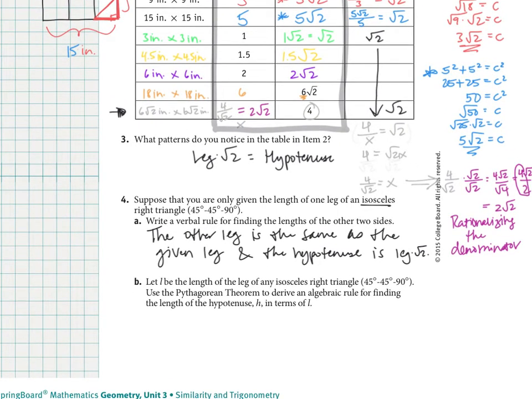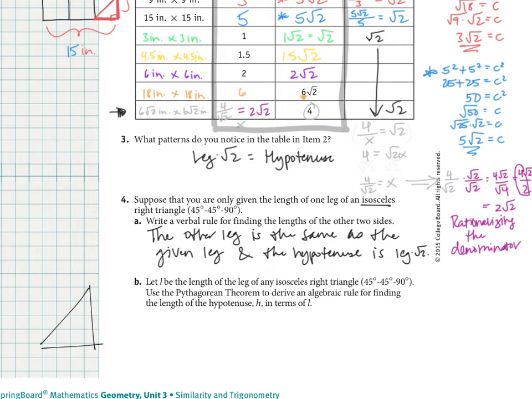It says, let L be the length of the leg in any isosceles right triangle. Use Pythagorean theorem to derive an algebraic rule for finding the length of the hypotenuse H in terms of L. So we're saying, let's say we have L as our leg. We're going to see if we can find a rule using the Pythagorean theorem to identify H, our hypotenuse. So let's say we have a picture, and I'm going to draw a picture over in the margin.